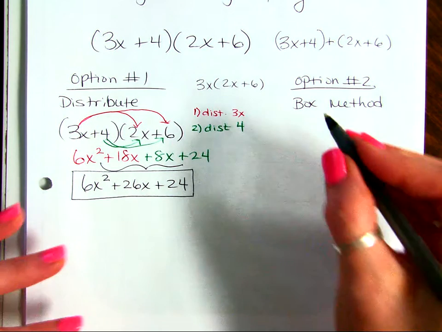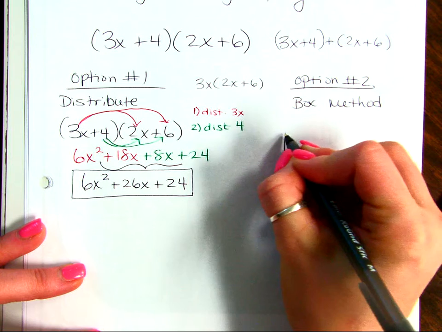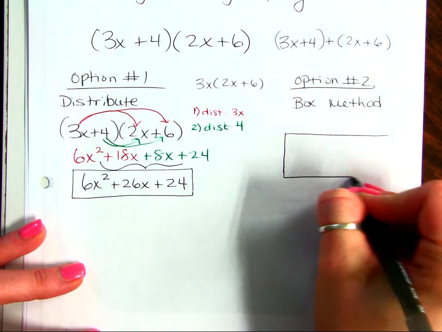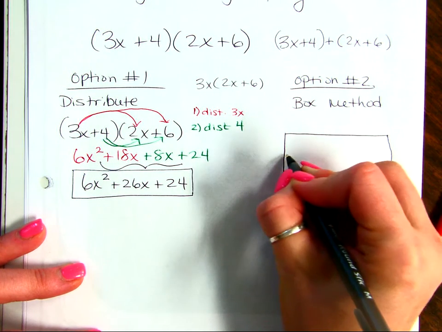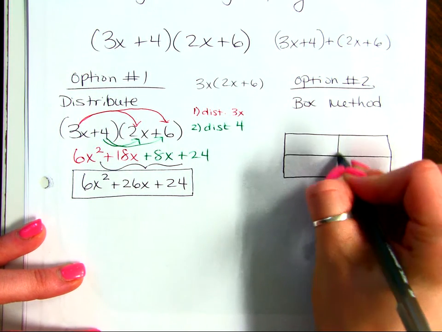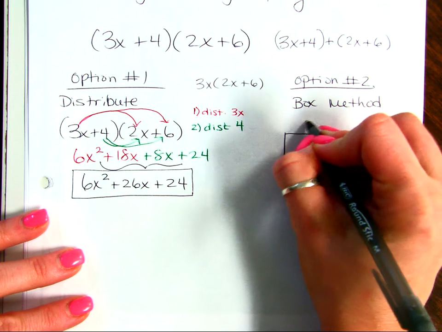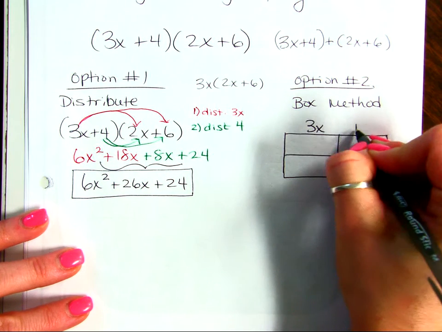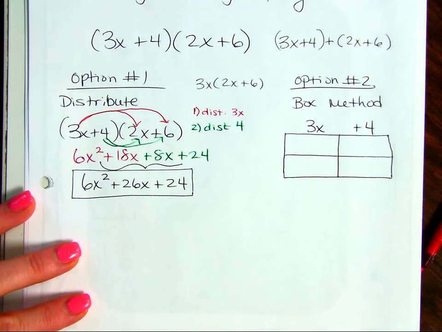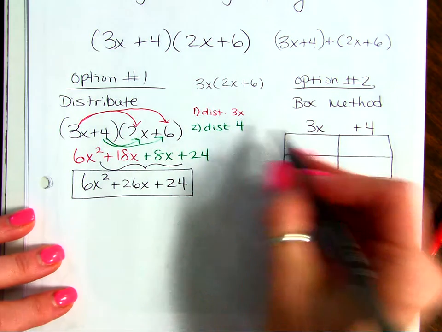You start the box method by drawing a box. And then because I'm multiplying a binomial times a binomial, I make a 2 by 2, right? And then I take one binomial, and it doesn't matter where it goes. I'm going to put one here, 3x plus 4, and then I'm going to put the other one over here, 2x plus 6.